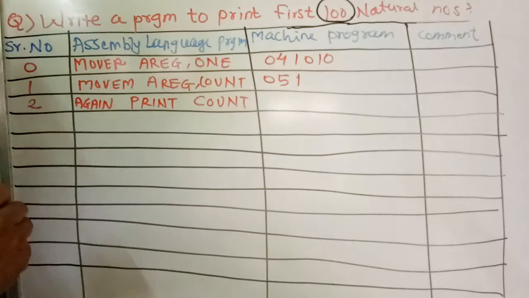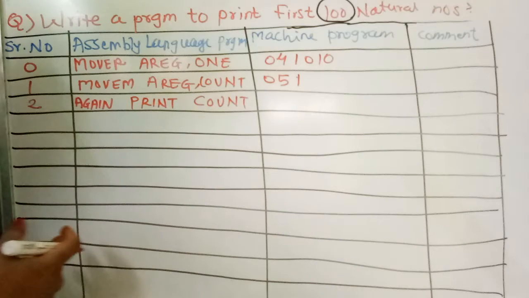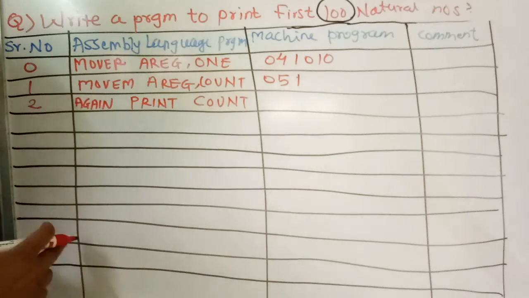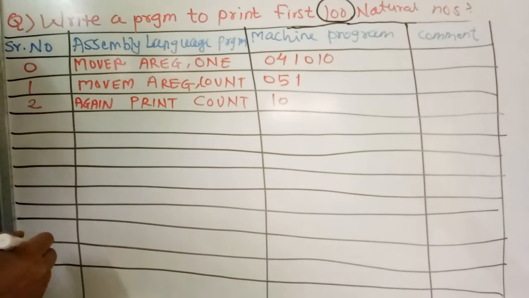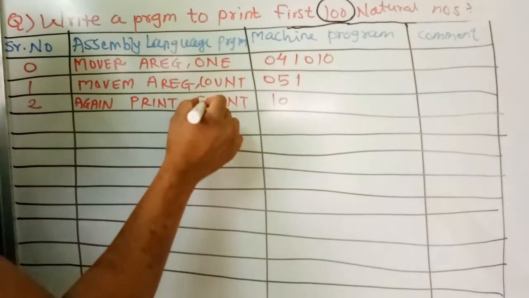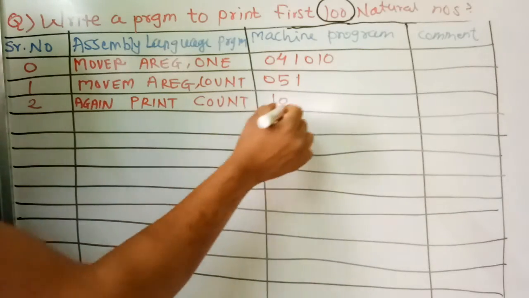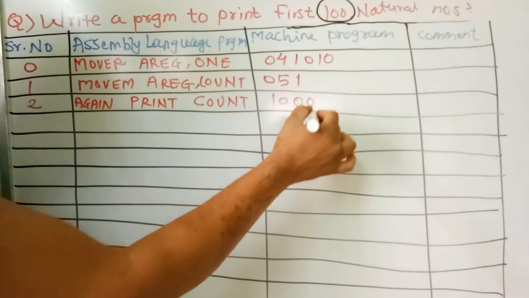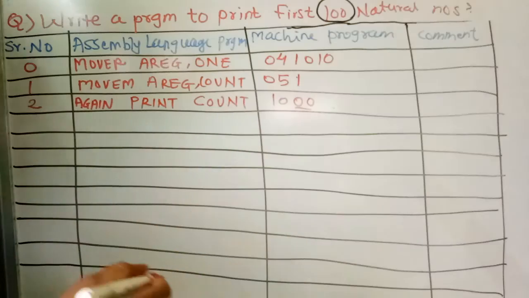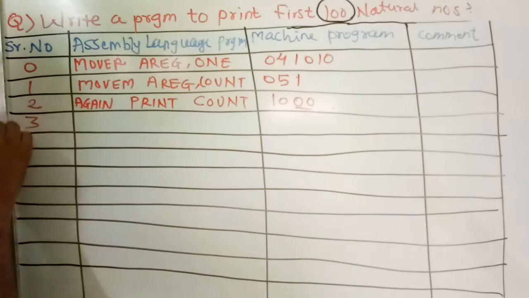This label we are specifying externally. For printing, we all know the opcode is 10 and here we are printing the count, and for that purpose the first operand will be 00. We have to specify only the next one. We will take the next move.